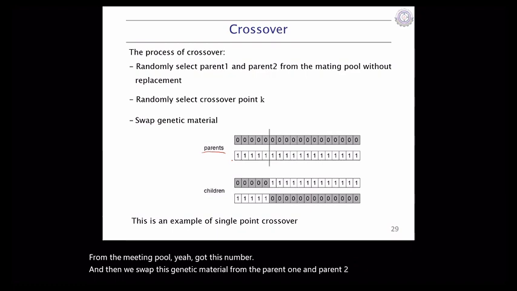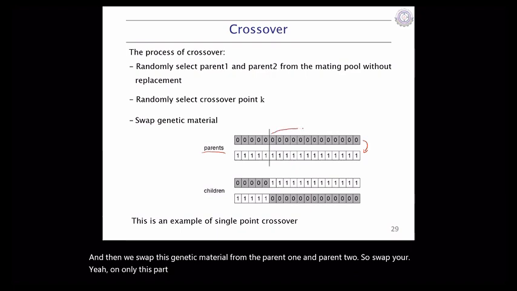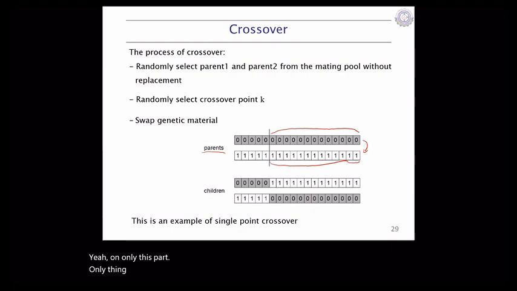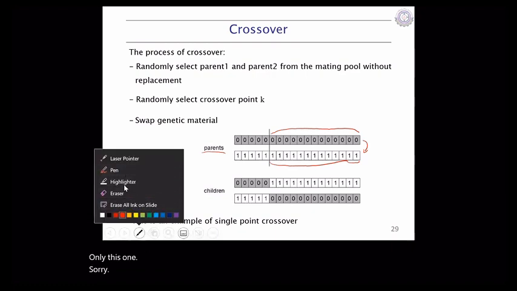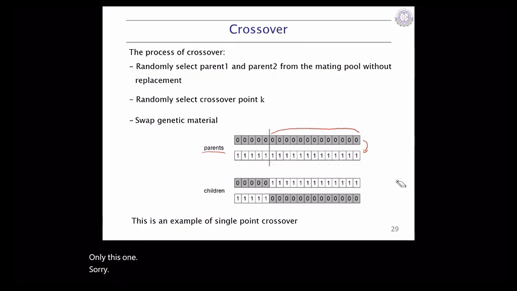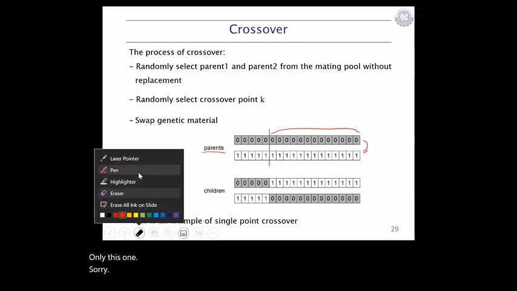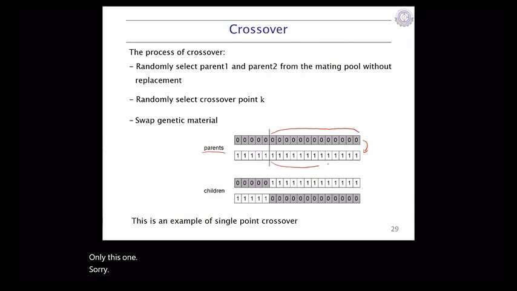So swap here, only this part. Sorry, only this part. Swap. Right. So then from the swapped genetic material, we get the children here.